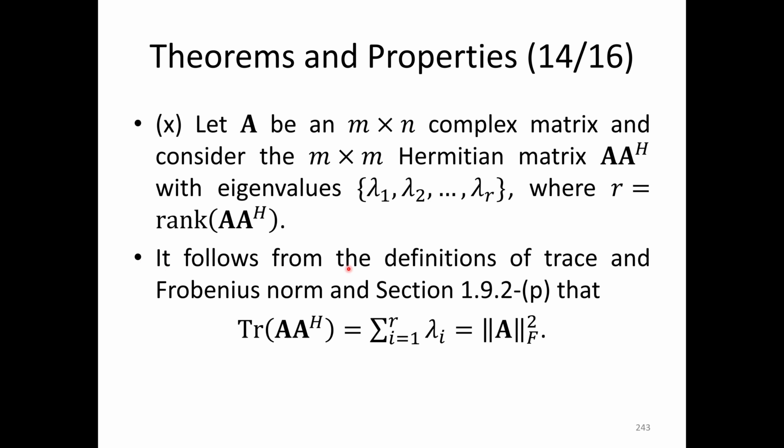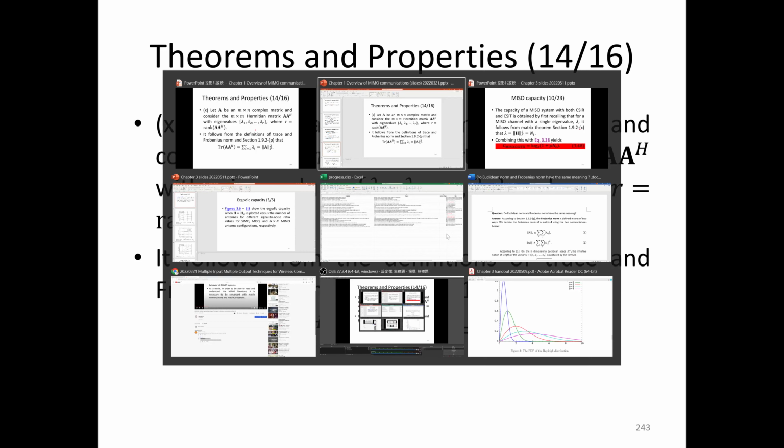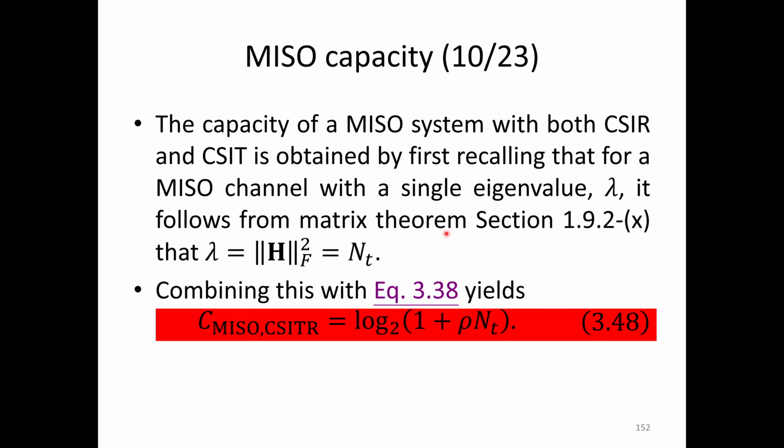It follows from the definitions of trace and Frobenius norm and section 1.9.2p that the trace of A times A Hermitian is equal to the summation from i equals 1 to r of lambda i, which is equal to the square of the Frobenius norm of A. Let us go back to chapter 3.